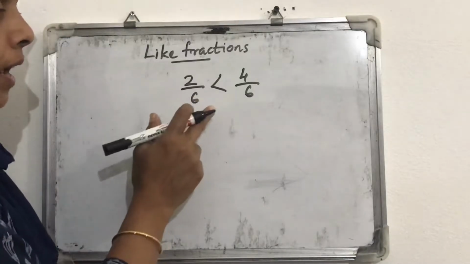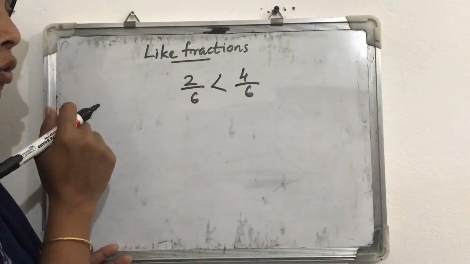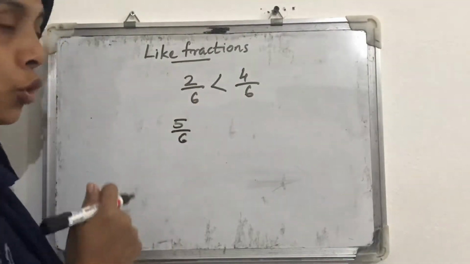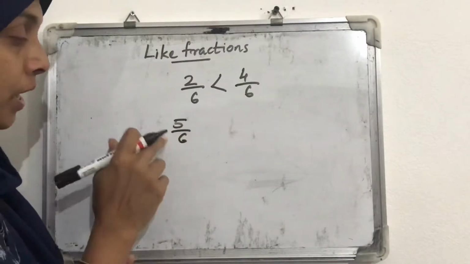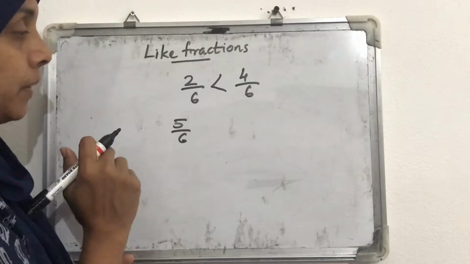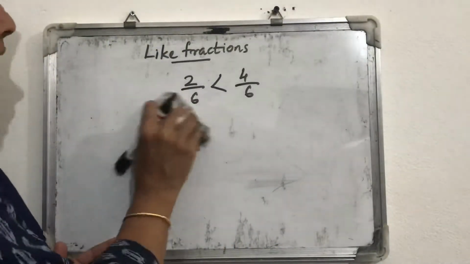Now we can write another like fraction for 2 by 6 and 4 by 6: 5 by 6 is a like fraction of these two fractions. Here also the denominator is 6.